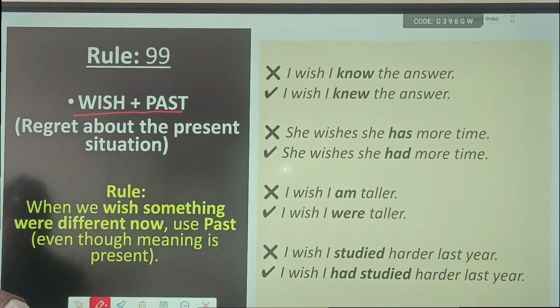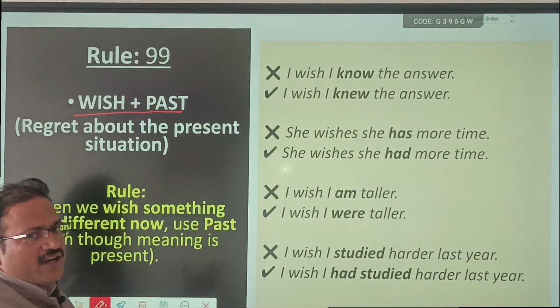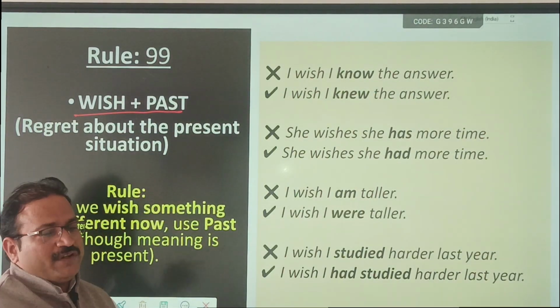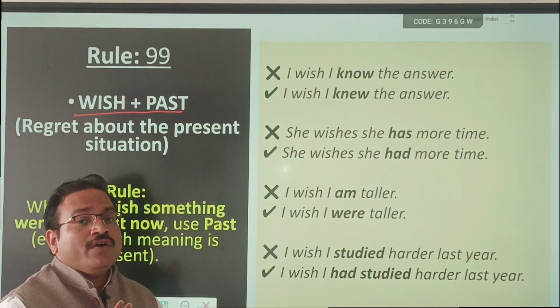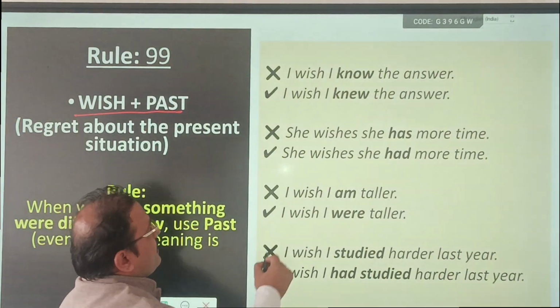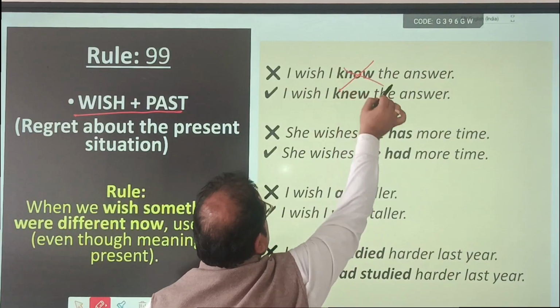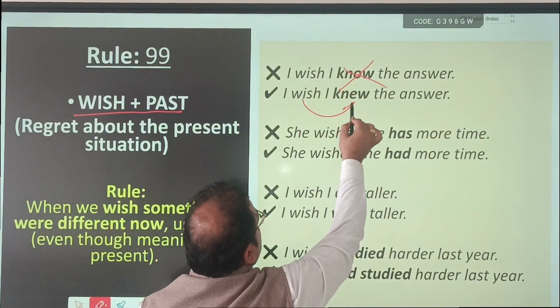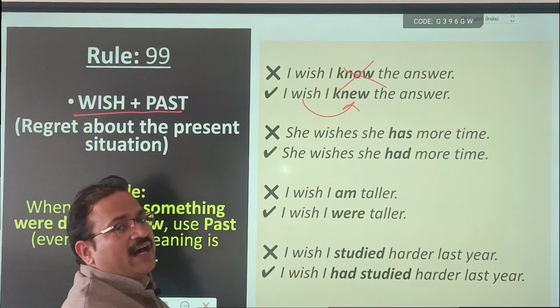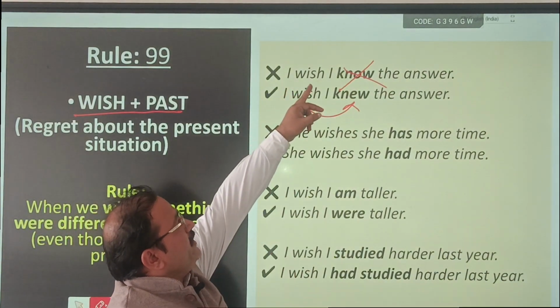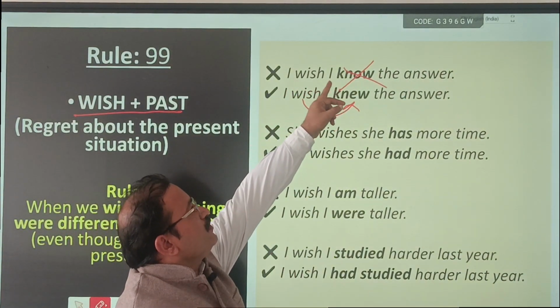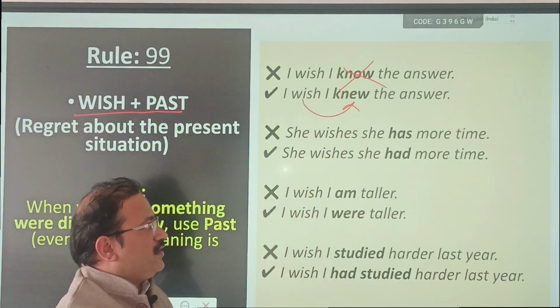Rule number 100: wish plus past. Wish, ichha. So if wish is used in a sentence or the sentence expresses a wish, then we shall use past tense, not present tense. "I wish I know the answer" in present tense, you will get in examination, which is wrong.